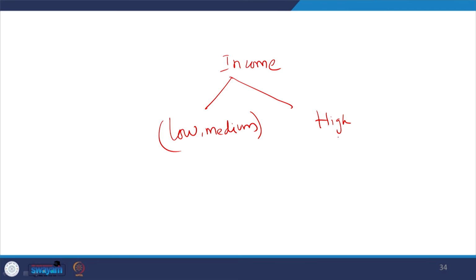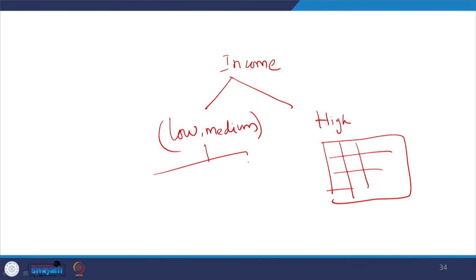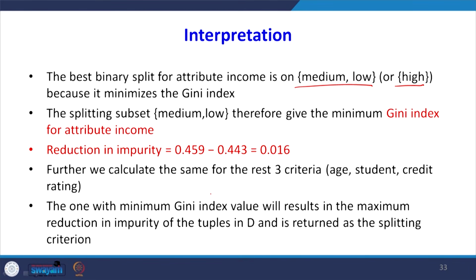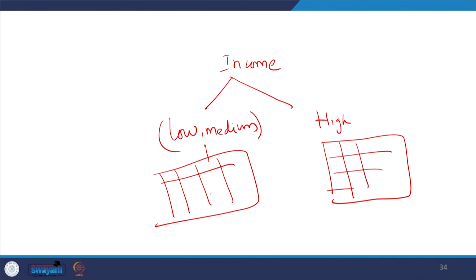Now, in the high group also you may have another table like this. For each value we have to find out the Gini index. For the low and medium group also there will be another table. For this also we have to find out the Gini index. After finding the Gini index, whichever has the highest value of reduction in impurity, otherwise the lowest value of Gini index, should be chosen as the splitting criterion for further classification.